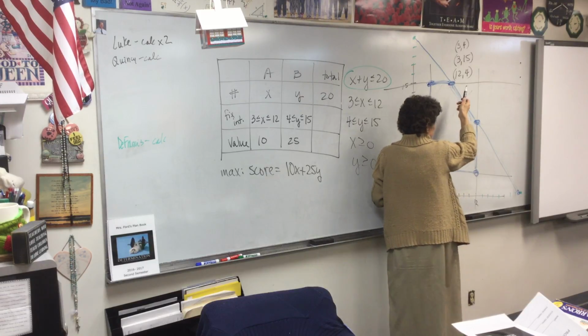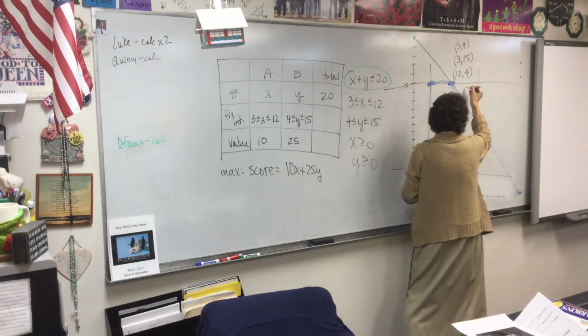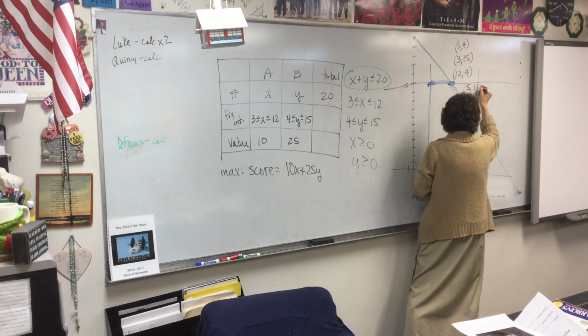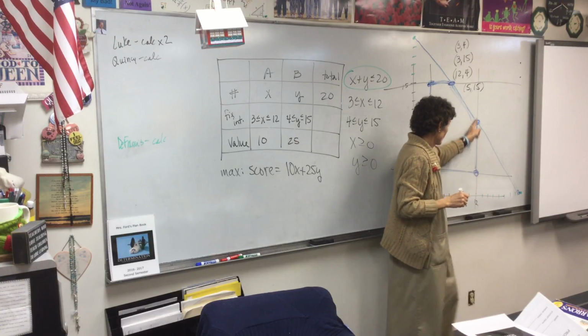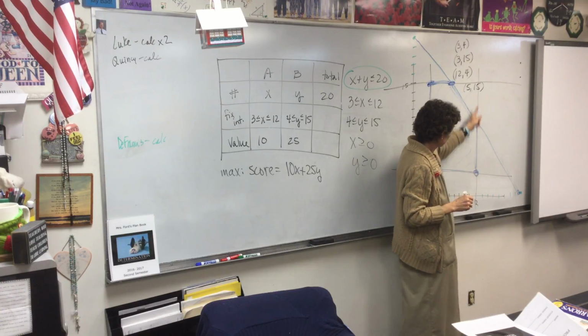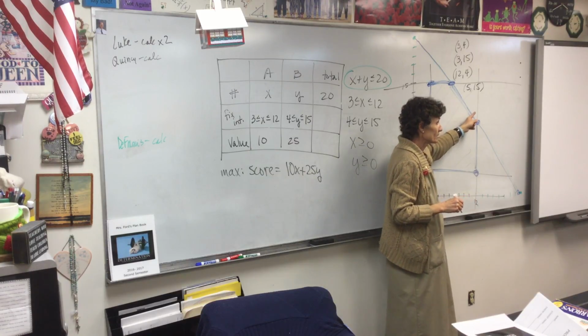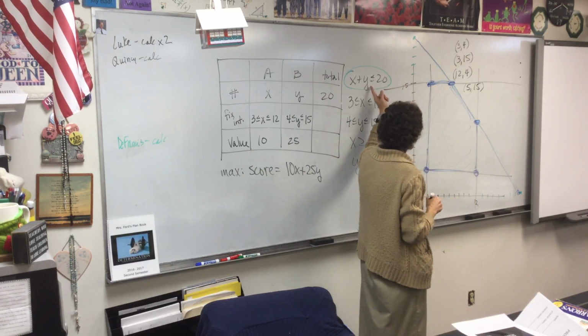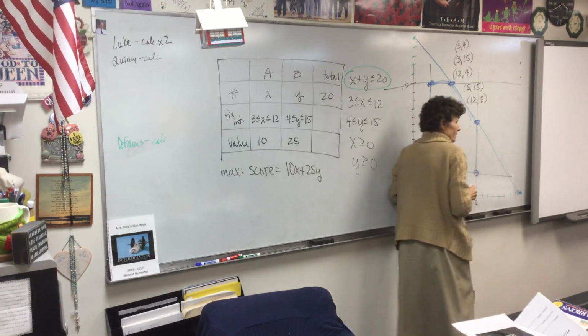So that means x has to be, what? 5, because they've got to add up to 20. So 5, 15. Now look at this one. What do I know about him? His x is 12. But they've got to add up to 20, so if the x is 12, then the y is 8.